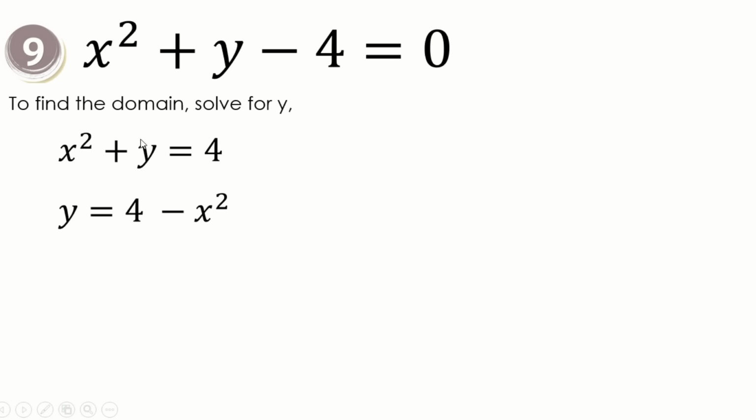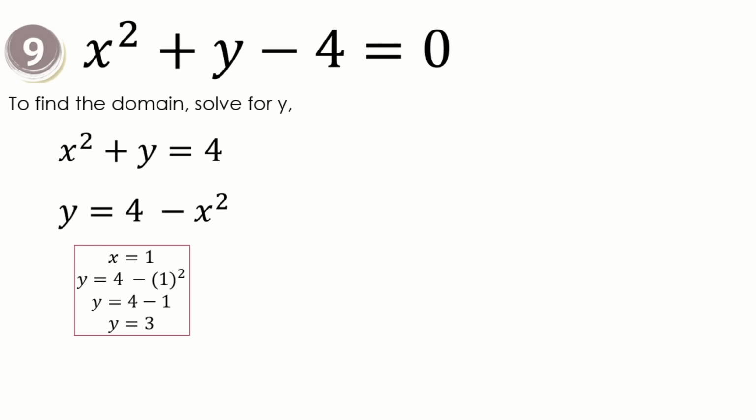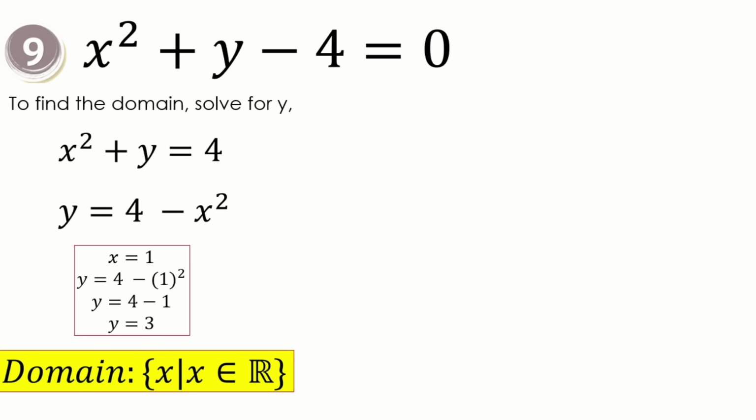And then x squared, we also move to the other side. So it becomes y is equal to positive 4 minus x squared. So, this is already a polynomial. So, therefore, our domain there is a set of real numbers. Why? For any value of x, you only have one value of y. So, therefore, that is a set of all real numbers.